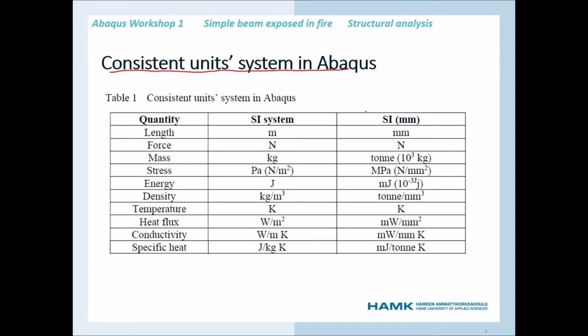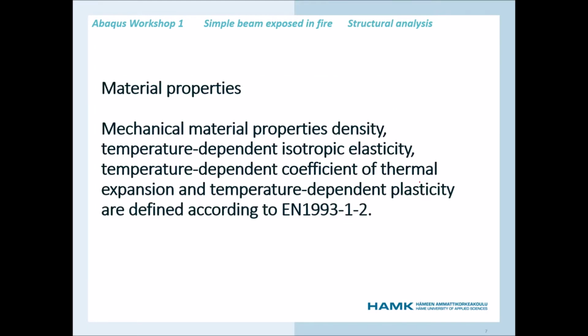In all the structural analyses in this tutorial, we are going to use SI units in millimeters, the force in Newton, mass in ton, stress in megapascals, and density in ton per millimeter cubed. This is the unit system that we are going to follow in this Abaqus tutorial.